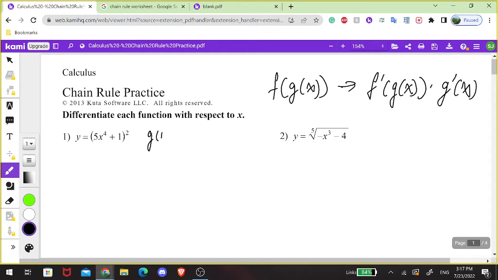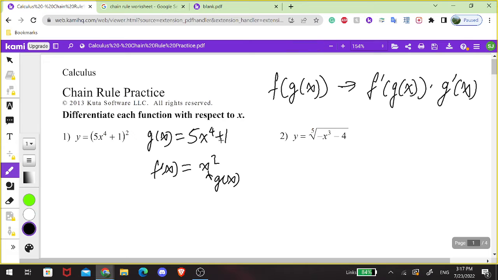Now in this case, our g of x, which is the inside component, the smaller component, will be equal to 5x^4 plus 1. Now the f of x will be simply x squared. F of x is x squared, and x is g of x. G of x is the inside component, which is 5x^4 plus 1.